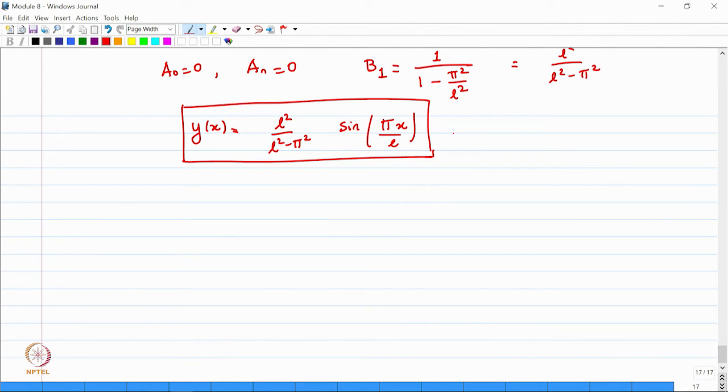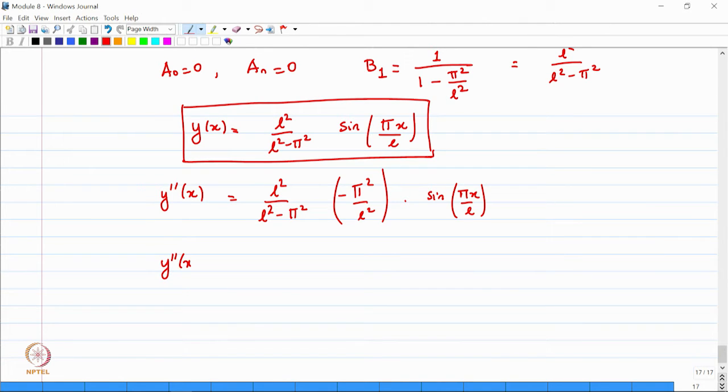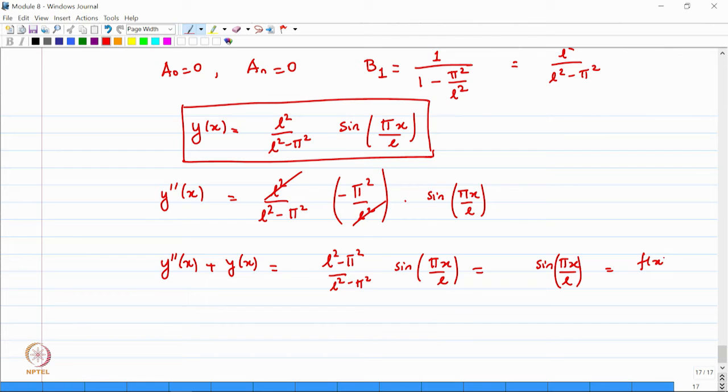So this is the solution of the differential equation. You can verify that y double prime of x is equal to L square divided by L square minus pi square, into pi square by L square with a minus sign, into sine pi x by L. And you can easily verify that y double prime of x plus y of x, I can just cancel these two, and y of x will have an L square, so I will get L square minus pi square divided by L square minus pi square times sine pi x by L, which is equal to sine pi x by L, equal to f of x.